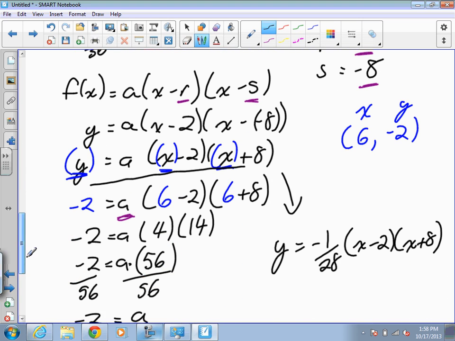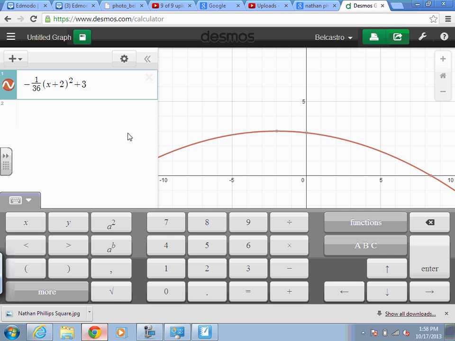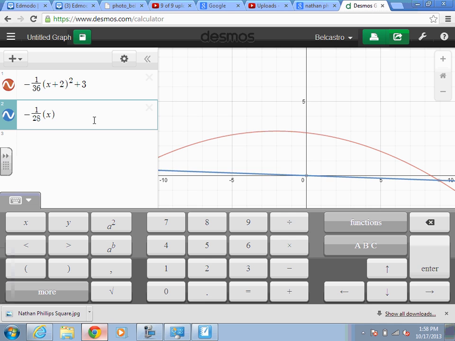So let's put it into our Desmos program. Try to remember that off the top of our head. We already have our first one. Let's see if the relationship looks somewhat similar. Negative 1 over 28. And we have x minus 2, was it? And x plus 8. And if you see from their relationship, that looks pretty similar to what our picture was.